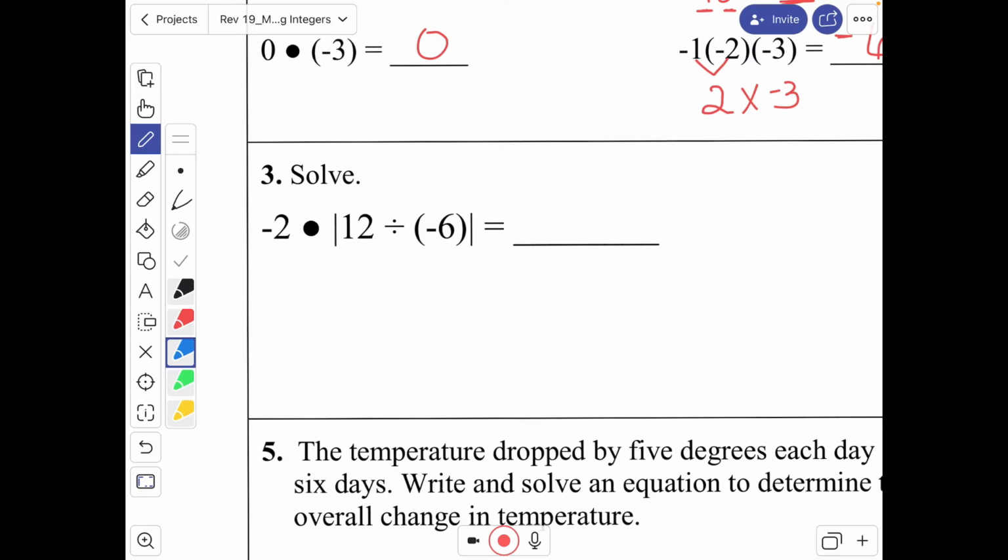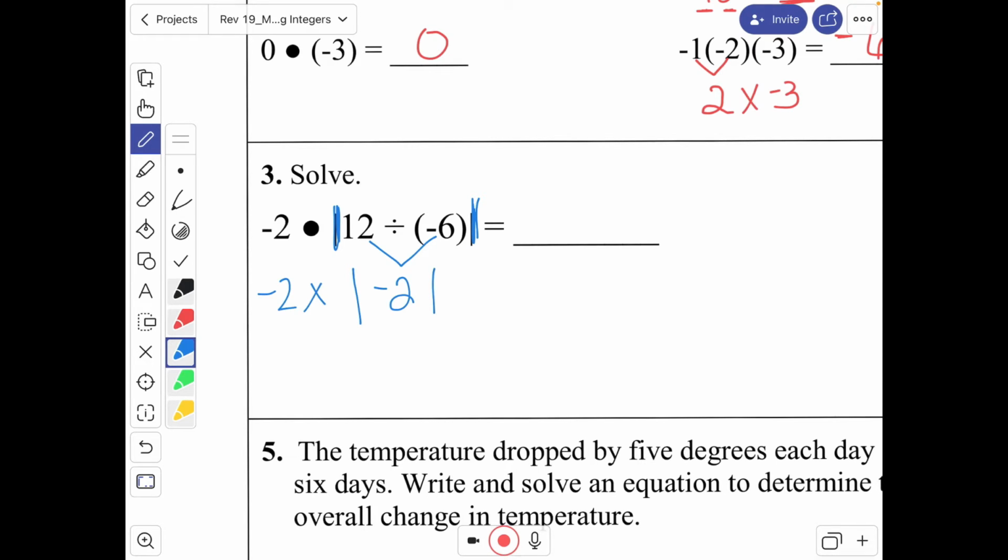Number 3. We're supposed to solve that. First, we need to do what's in the grouping symbols. And these little things right here are grouping symbols. They are called absolute value. So we need to do what's inside first. So 12 divided by negative 6 makes negative 2.